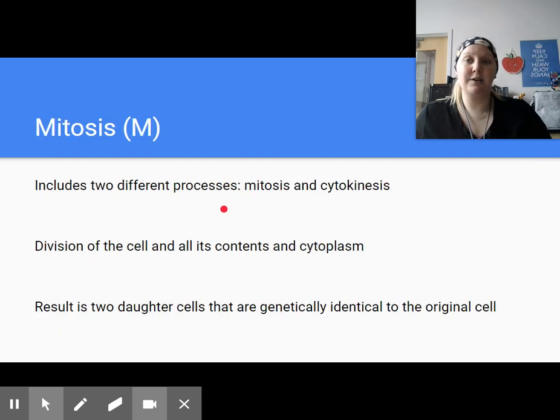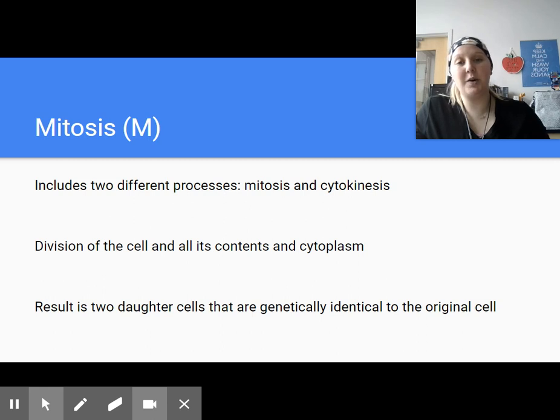We can then enter mitosis, and this happens in 2 phases. The first being the cell division, and the second, the cytoplasm division. The division of the cell and all of its contents and its cytoplasm is what completes mitosis. The result is 2 genetically identical daughter cells that are identical to the original cell.